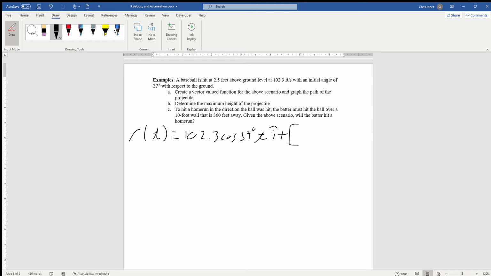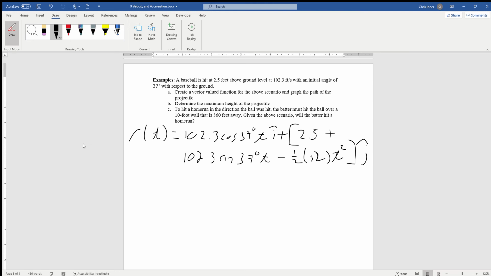And then in the j direction, we have the initial height, which is 2.5, plus 102.3 sine of 37 degrees t, and since it's in feet per second, minus 1/2 times 32 t squared j.